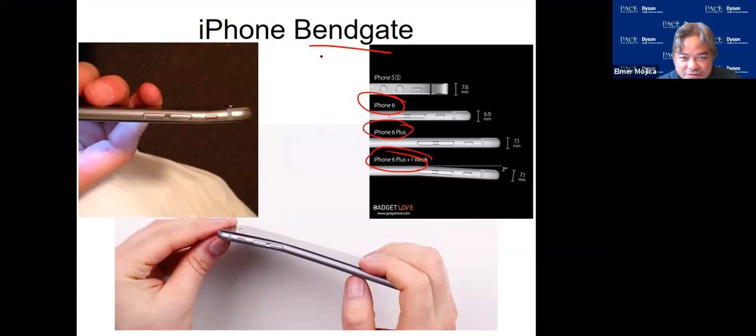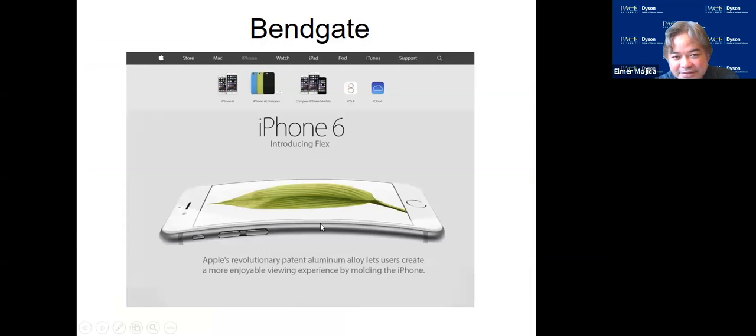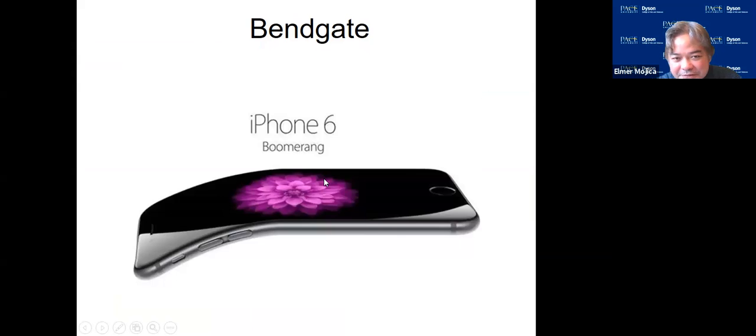They have this so-called bendgate, because some of the iPhones just bent if you put them in your pocket. So what quality assurance and quality control did they not perform there? That's the defect that they have there. They didn't do this thing.